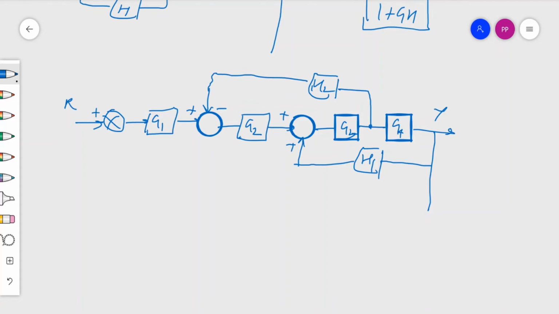And another one is the takeoff point of Y, which goes to filter H3, and that is compared at the input reference. So if this is the block diagram, let us see how we can simplify it.